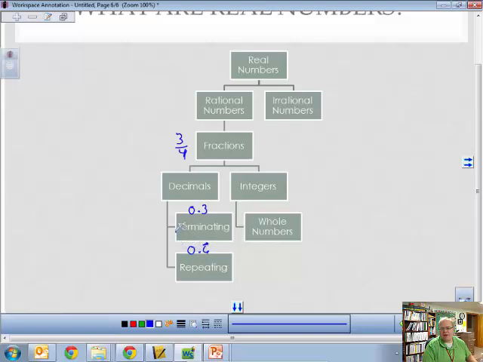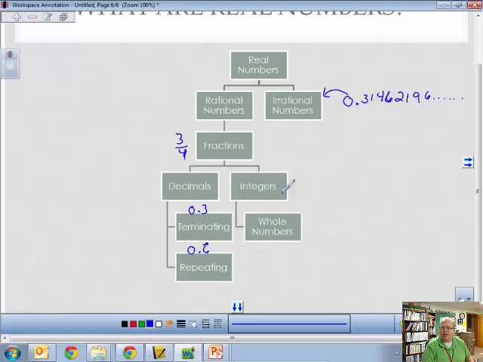Now, if I don't have either one of those, if I have a decimal that just goes on for infinity, 4, 6, 2, 1, 9, 6, and so on, it's going to go on and on forever. It is an irrational number.